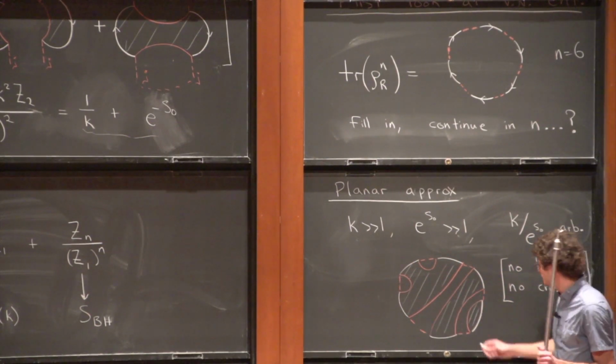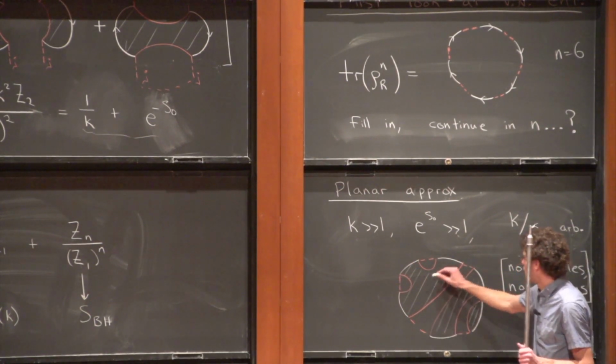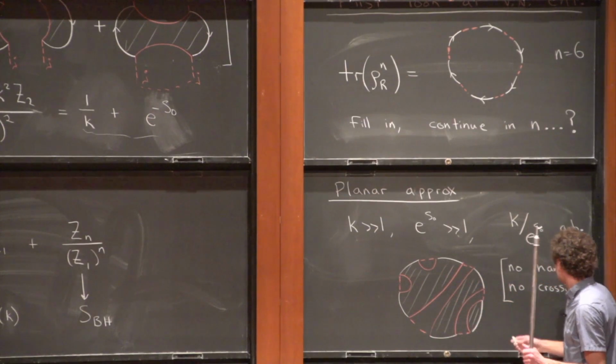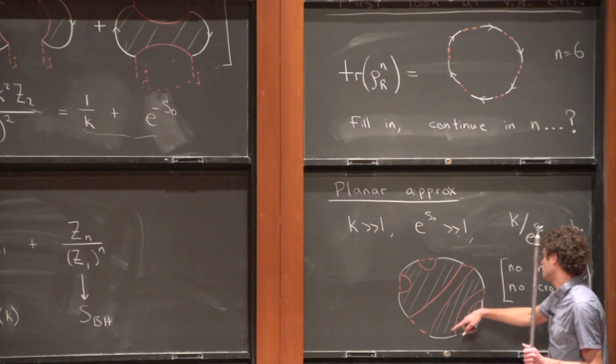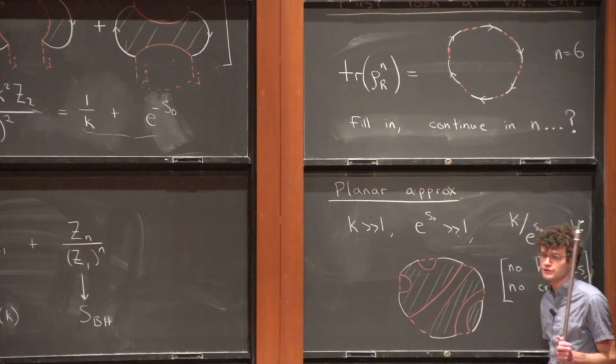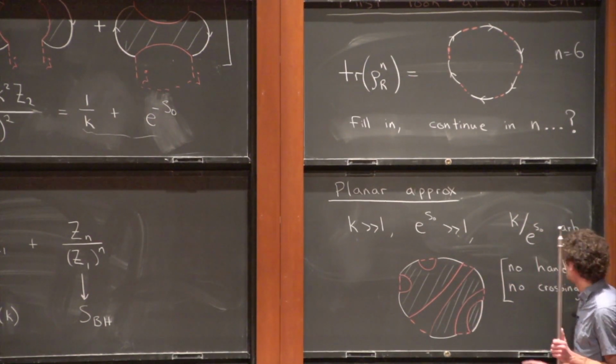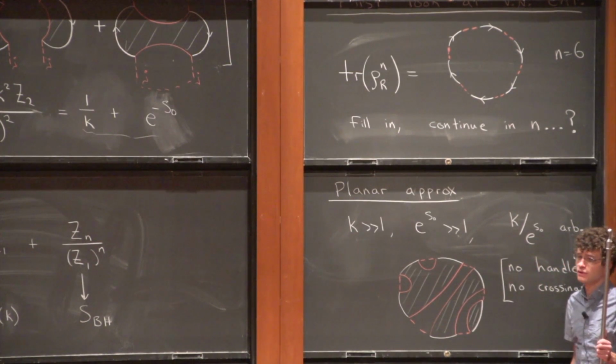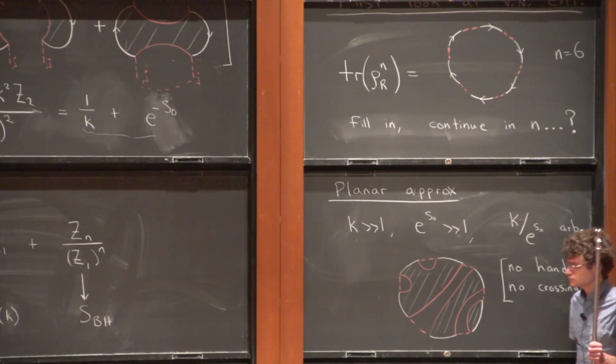In particular, we don't need to consider handles in these geometries or crossings between the disk-like geometries connecting different asymptotic boundaries. Those things will be suppressed by powers of 1 over k squared or e to the minus 2 S_0.